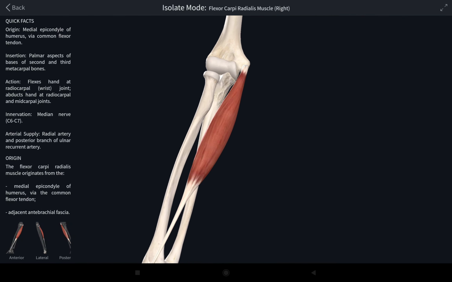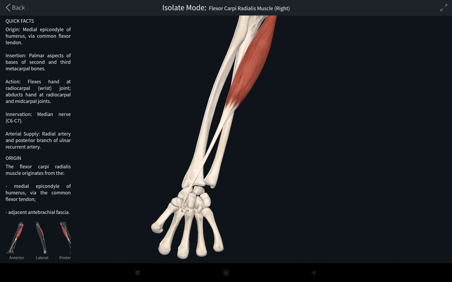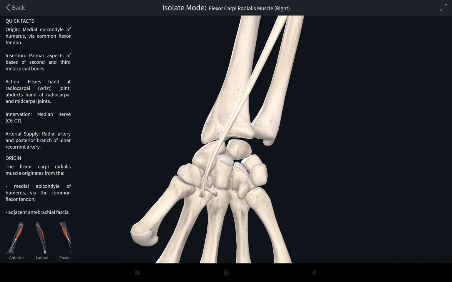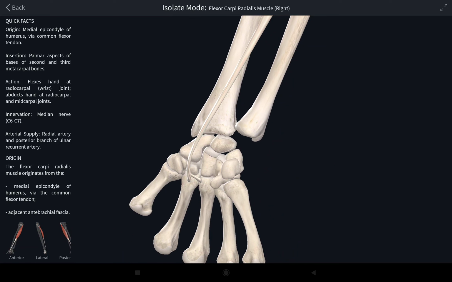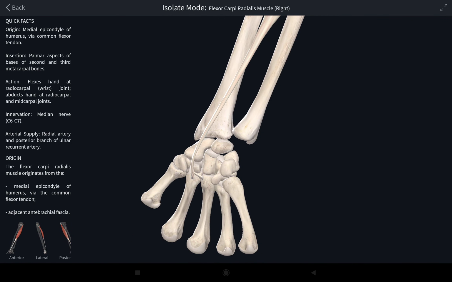It arises from the medial condyle of humerus and inserts into the carpal bones, or the palmar aspects of the bases of the second and third metacarpal bones.